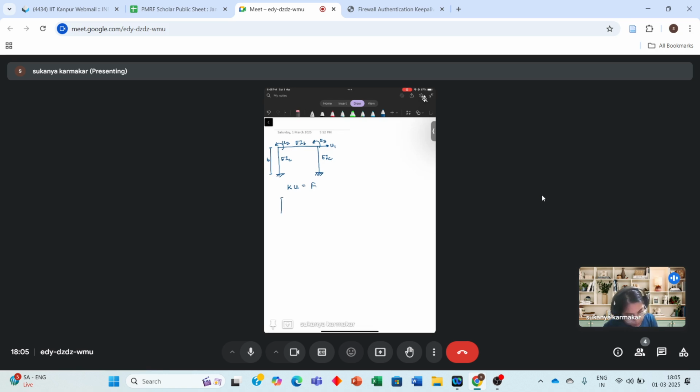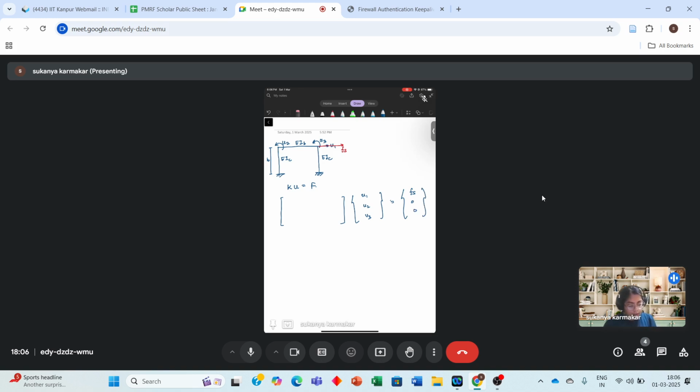The kinematic degrees of freedom are u1, u2, and u3. In the direction of u1, I have a force, as I want to calculate the lateral stiffness of the frame. The only force acting on the frame is Fs, and no other forces are there in the rotational degrees of freedom.